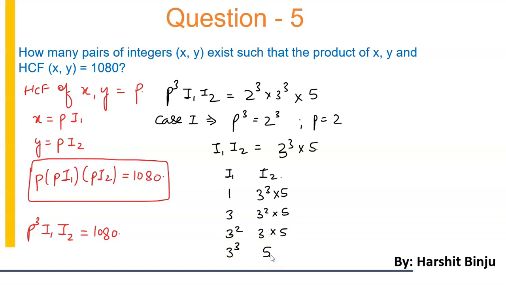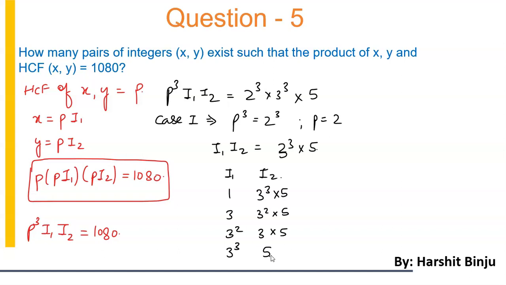These are the only possibilities. Okay, so I'm not counting the ordered pairs, because you can have the reverse cases also, so you can do that for yourself. So I1 I2, which is 3 cube into 5, has only these 4 possible values considering the unordered pairs.